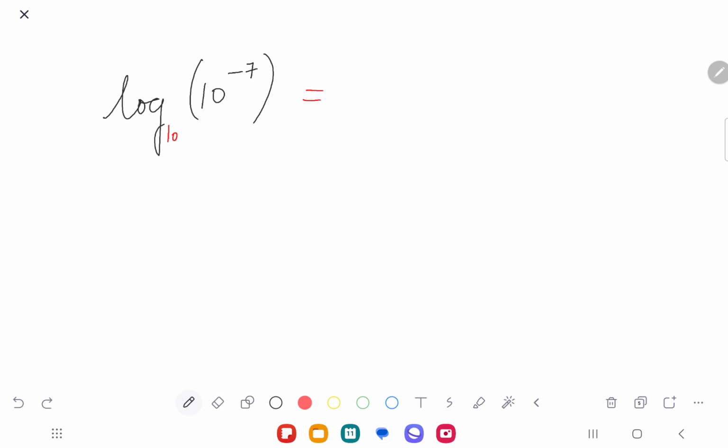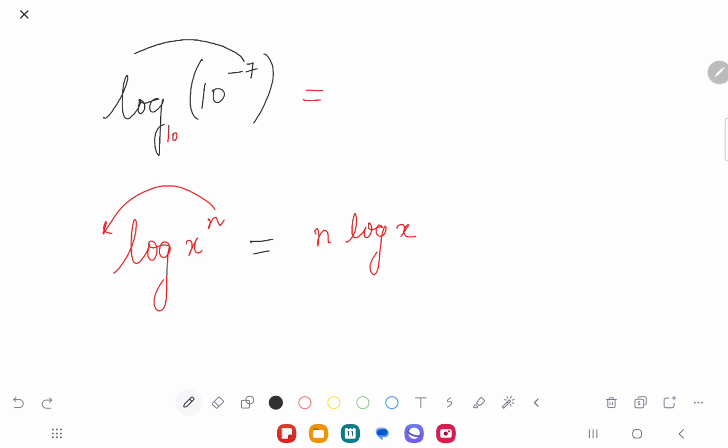Because the property is there that log x raised to power n shall be n times log x. So minus 7 is going to come forward. It shall become minus 7 times log 10. This 10 remains here itself. Only the power moves forward, and this 10 remains here.